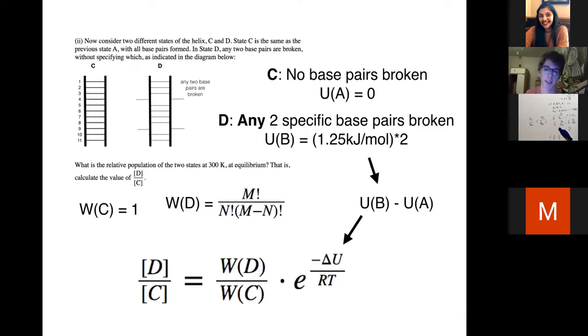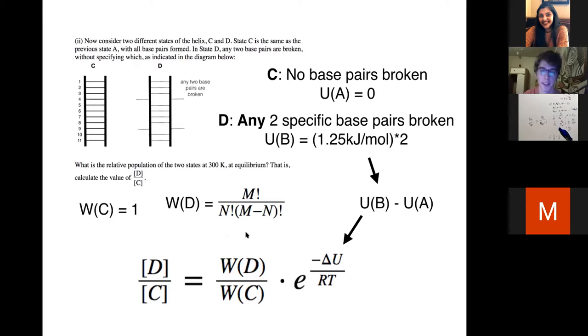So now we can go back to the relative population equation, and we'll see that the energy term to the right will be the same, as you can see here. And now we'll have to factor in the ratio of the number of ways it can happen. So we plug in the number of ways that state D could happen compared to the number of ways state C could happen, which would just be 1.